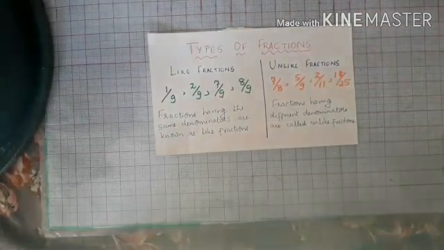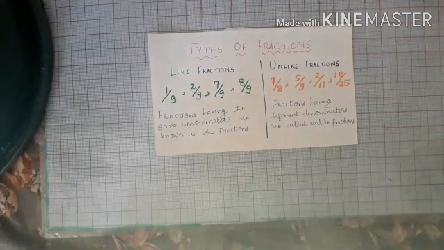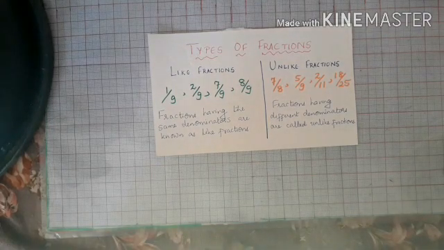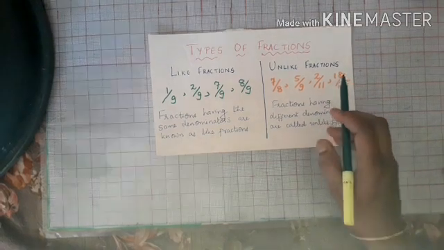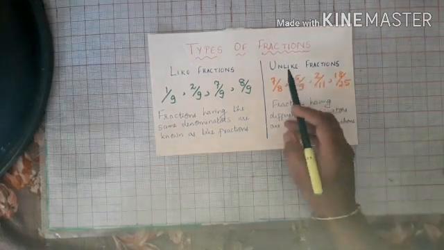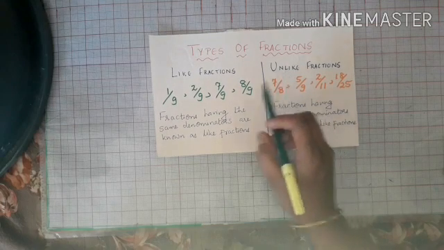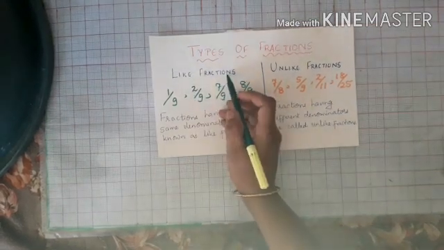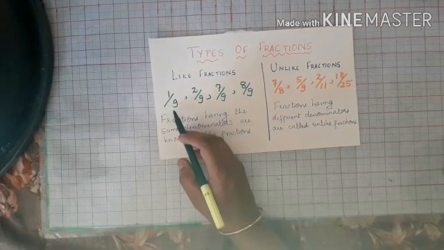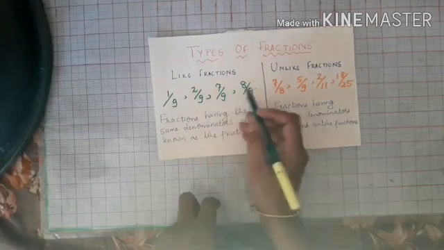Now we will learn about different types of fractions. First, let us see like fractions and unlike fractions. Remember that there is nothing like dislike fractions. So what are like fractions? Just observe the type of example I have given.